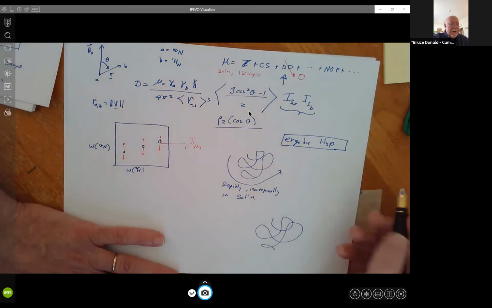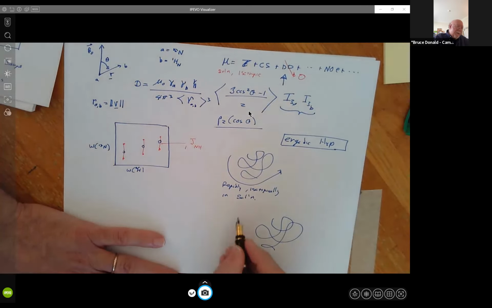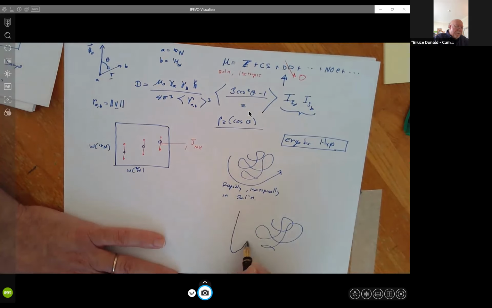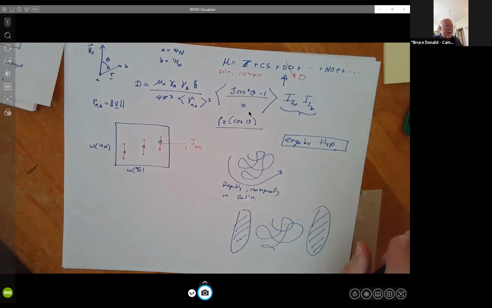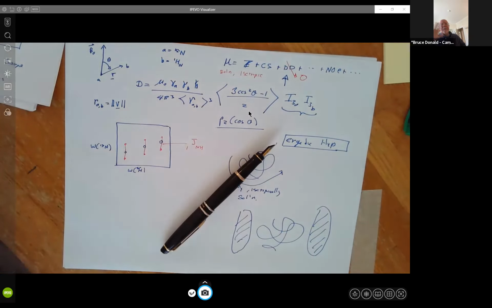So the idea is you have an aligning medium, and you might use something like phage or bicelles. You put in these big things like this, and you titrate these in until the molecule is partially aligned. The way of thinking about this is the molecule is tumbling freely and isotropically, as I'm illustrating here.